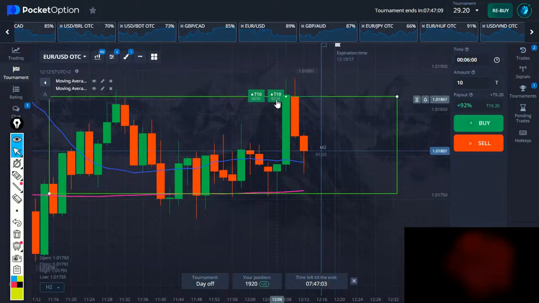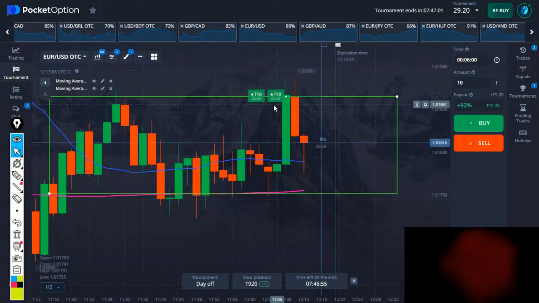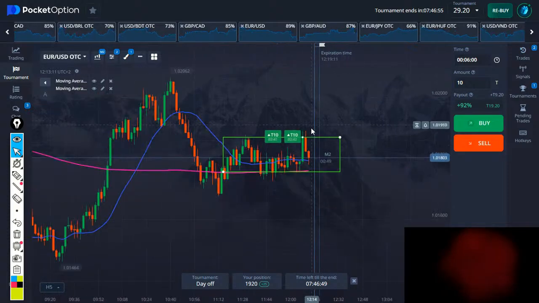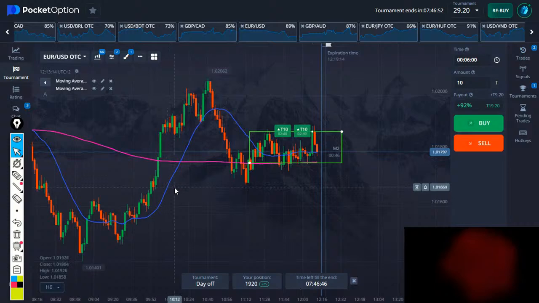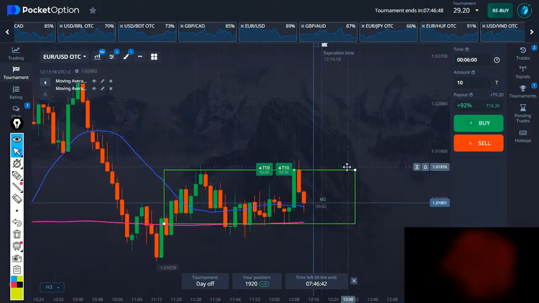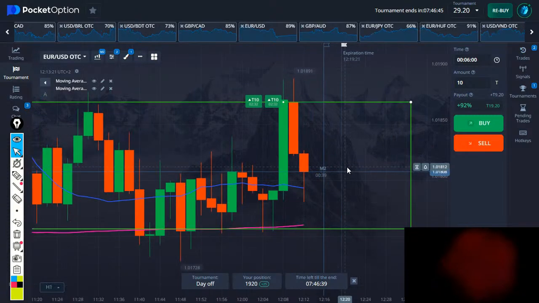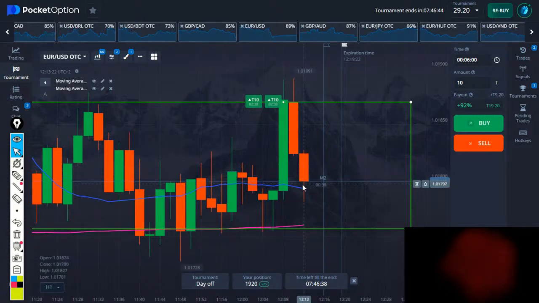We have 3 more minutes left. I think if this one closes with a long wick or long tail, we might win those two.